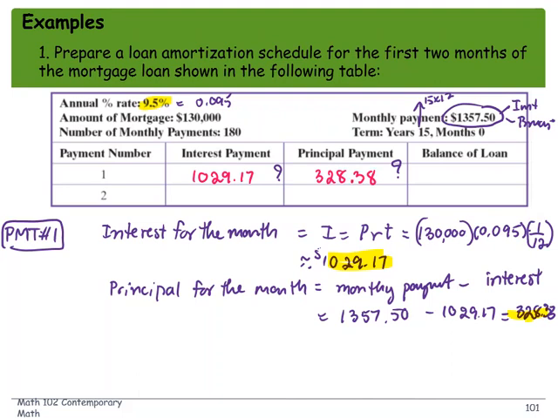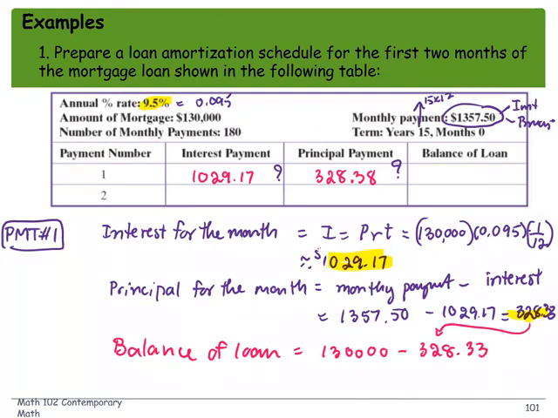The last part, we're going to compute the balance of the loan after the first payment. The balance of the loan would be the total loan, 130,000, subtracted by the portion for the principal, 328.33, and the balance will be 129,671.67.